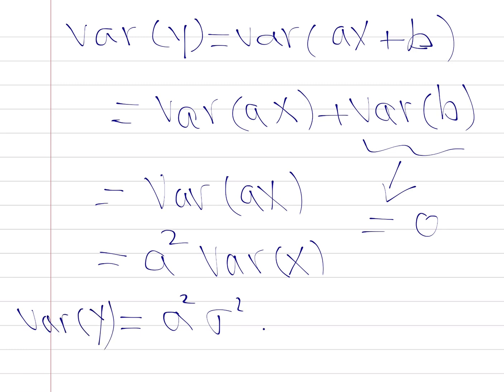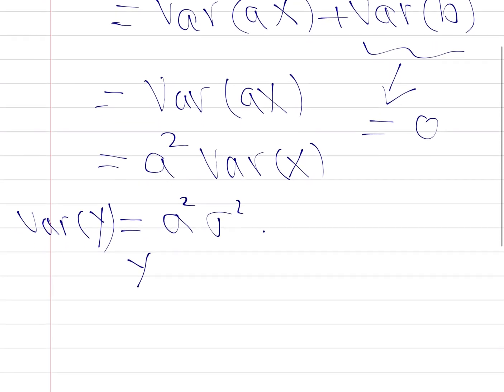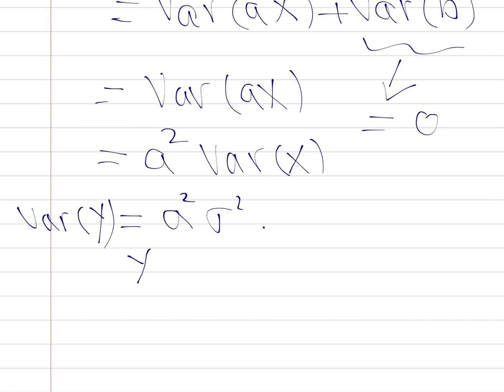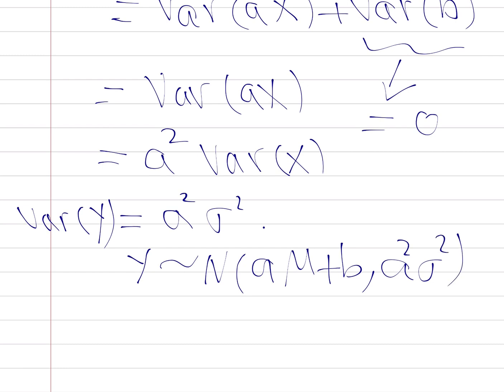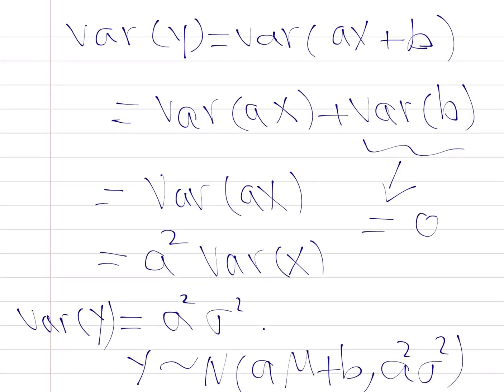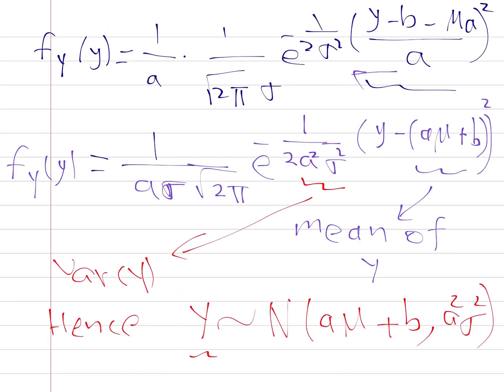So therefore we can conclude that y follows a normal distribution with mean a mu plus b and variance a squared sigma squared, as in the previous slides, like in here.